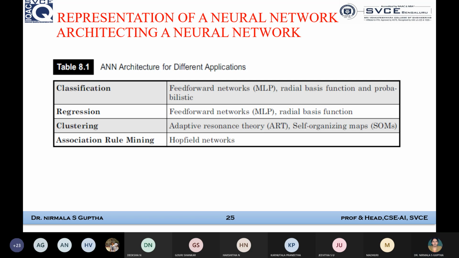So I'll repeat: most data mining platforms offer at least the MLP algorithm, which helps us to develop, that is implement, a neural network. And other neural network architectures include probabilistic networks and self-organizing feature maps. Okay, so there are a lot of steps required to build an artificial neural network.